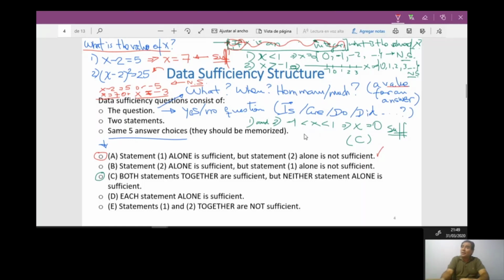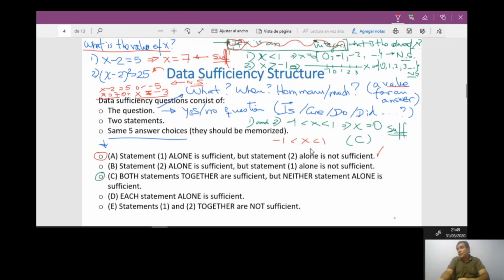But when we put together the two of them, we would have this. X is a real number between 1 and -1. And the real numbers between these two numbers, -1 and 1, are actually infinite.